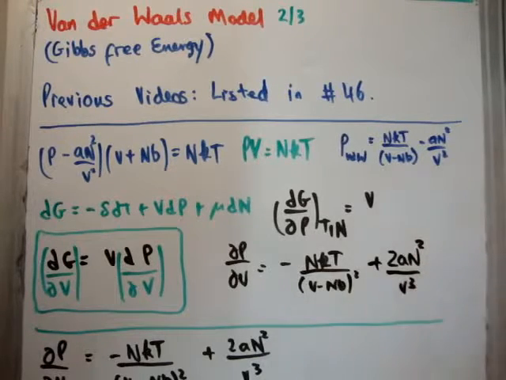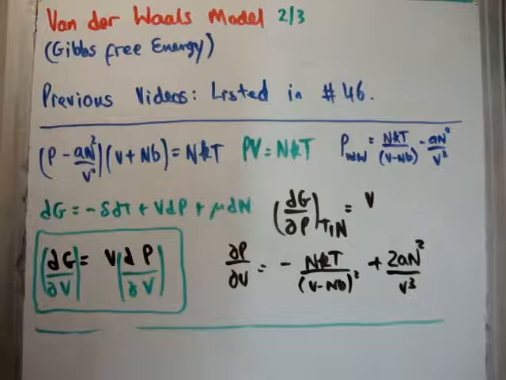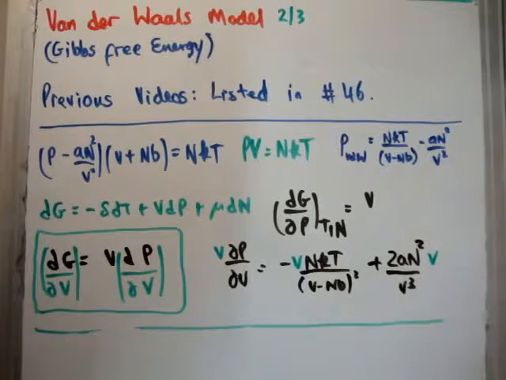over V cubed. But in order to get the partial with respect to volume for the Gibbs free energy, we need to first multiply by V. So we're going to have V here, and V here. Of course this is going to cancel there. And we also need to move this del V term up top. So we're going to get the following.